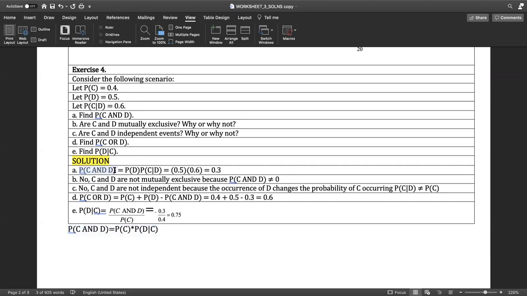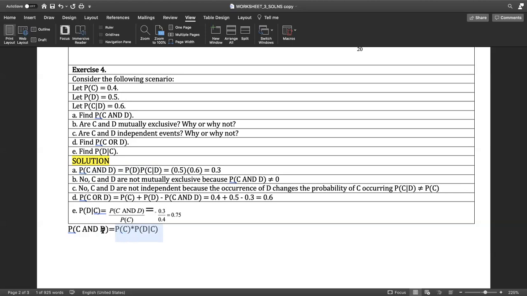Here we have the multiplication rule where we have conditioned on D. So the probability of C and D is the probability of D times the probability of C given D. Down here, we have the same thing.